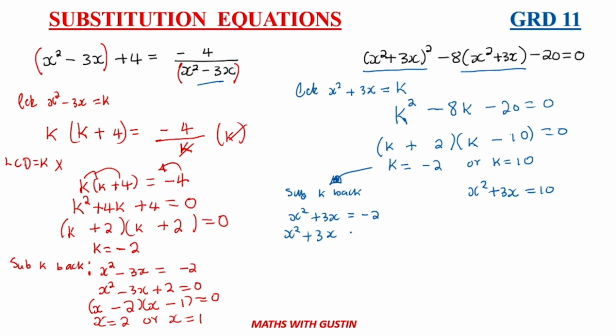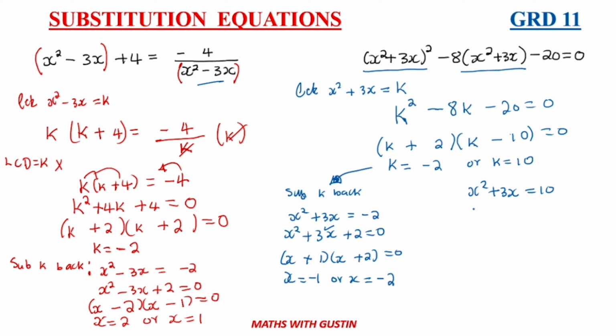Then we take 2 to the left hand side, and it is going to be x squared plus 3x plus 2 is equal to 0. Therefore we need to factorize this as a trinomial. Here is going to be x and then x there. We need +2 and +1. When you add these two together, they give us +3, so it does check out. x is going to be equal to -1, or x is going to be equal to -2.